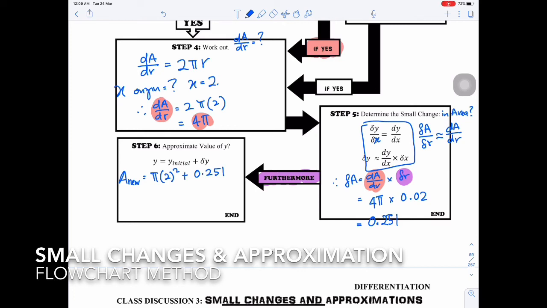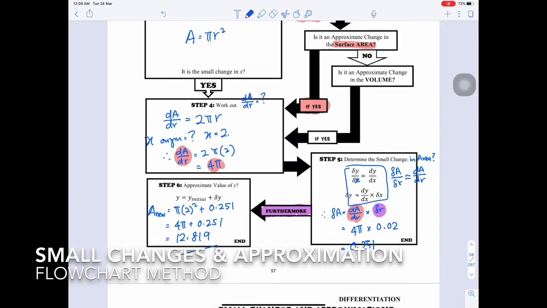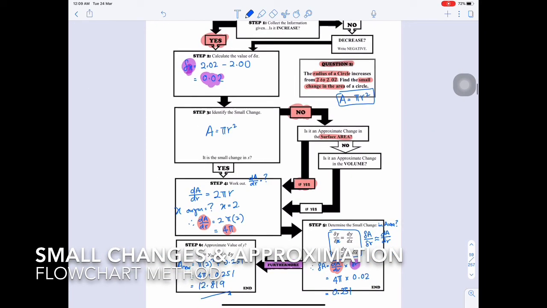Okay, so equals 4 pi plus 0.251, which equals 12.819.